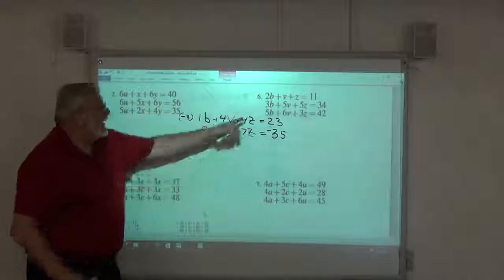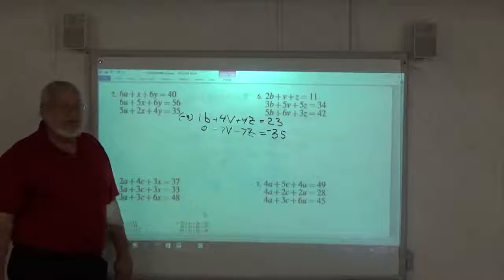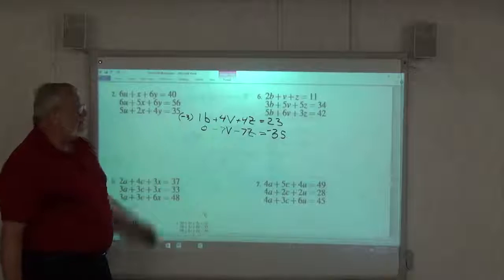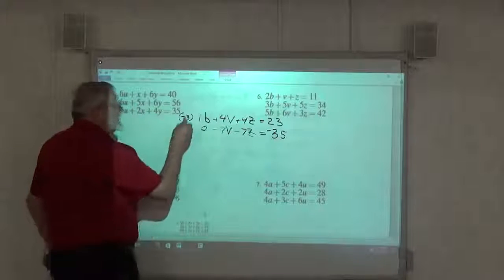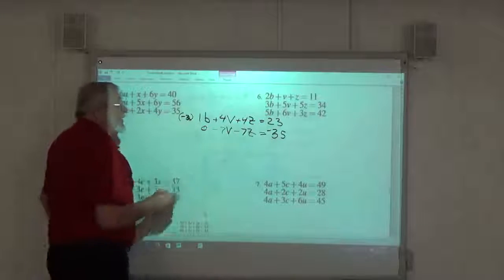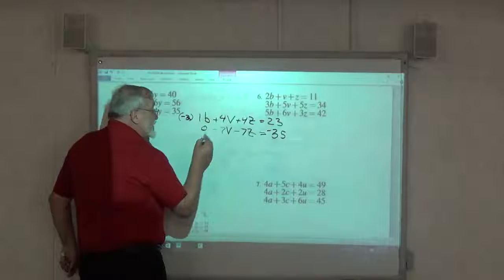Now, how do you get rid of the 5? We multiply by negative 5, but I could also get rid of the 2, because the math is easier. So negative 2 times 1, negative 2 plus 2 is 0.